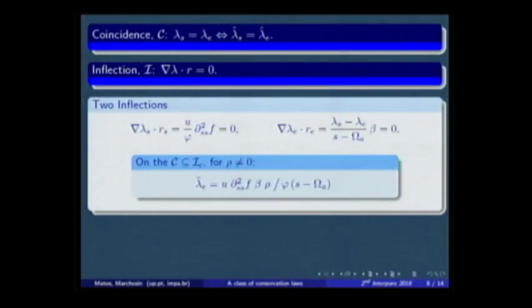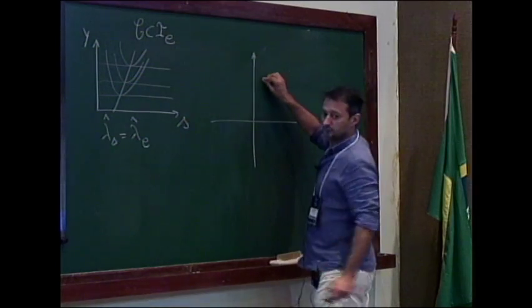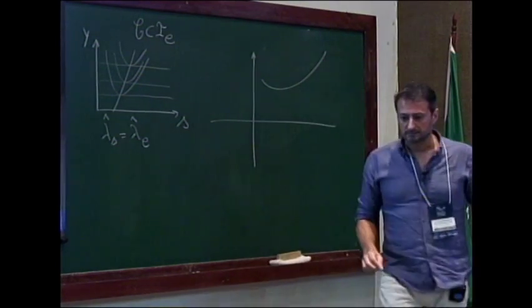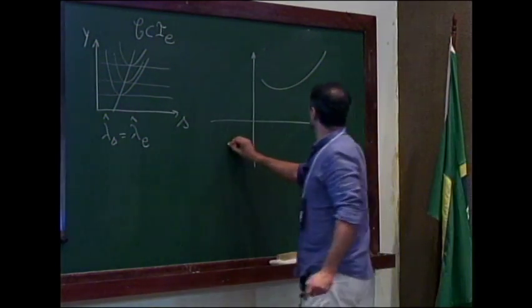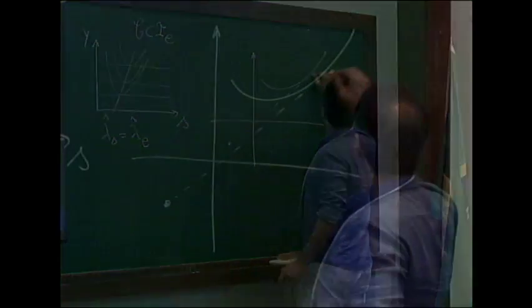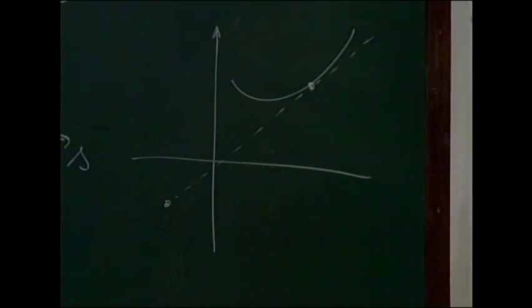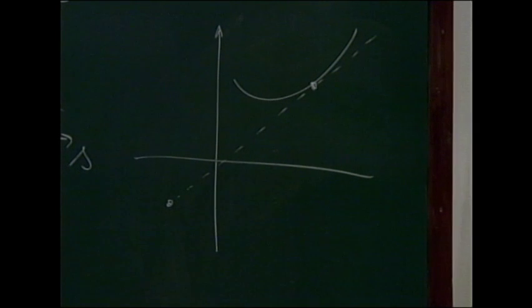Well, this could be seen in the picture. Let me show you. At first, the coincidence, it's easy to see. It's the point of tangency between this straight line and the function f.